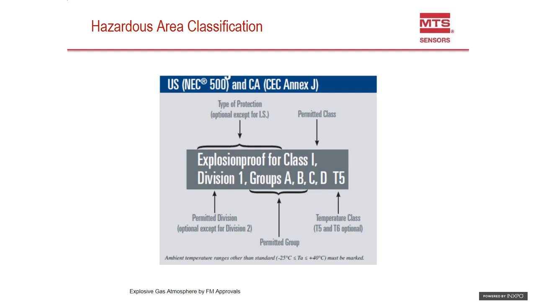For this particular example, you have groups A, B, C, and D, so you can use it at any of the different levels. If you only had group C, D written, then you would only be approved for use in C and D, and it would not be approved for use in A and B. With the division concept, the group A is the most stringent level. And then the last part of it is you have the temperature code.